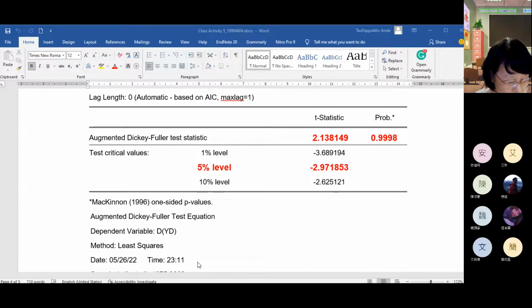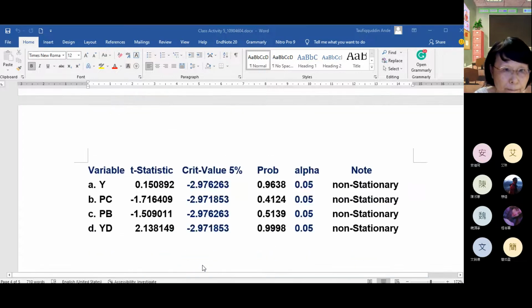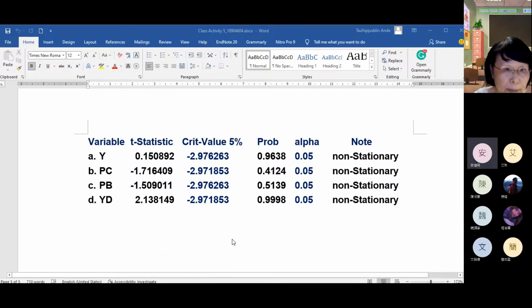And since you're using the same equation 12.28, now according to your summary table, it seems that Y and PB have the same critical value, and PC and YD have the same critical value. Yes, Prof.